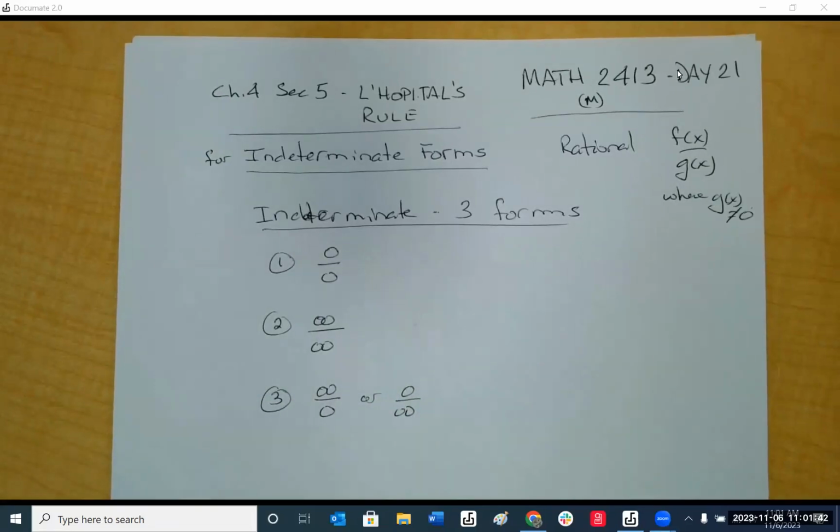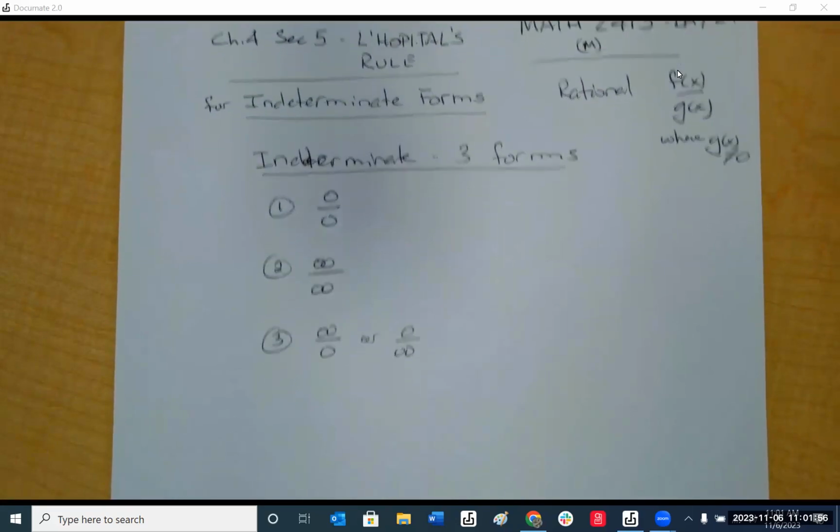As long as your numerator and denominator are not finite fixed numbers, constants, we can apply L'Hopital's rule. So what L'Hopital's rule says is this.